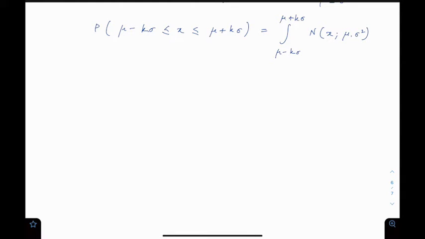So this is an integral over the interval where g is less than or equal to k.